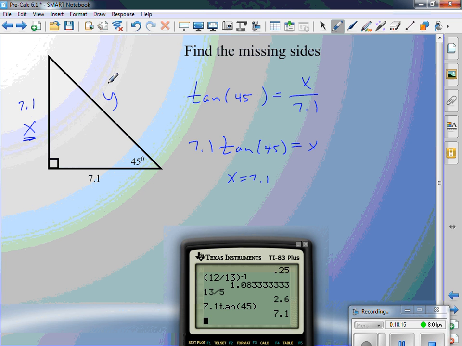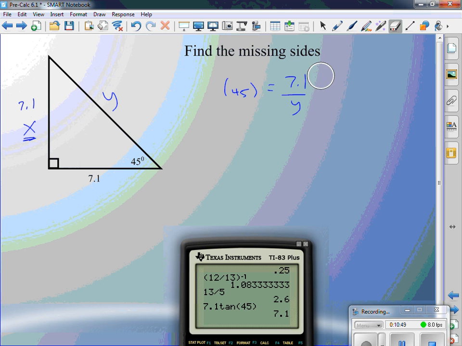There's two ways I can find this last side. What's the first way? I can do Pythagorean Theorem. Or I can use, this is my adjacent, this is my hypotenuse. So cosine of 45 equals adjacent over hypotenuse. You can do it a different way too. If I made this secant, it's going to be y over 7.1.